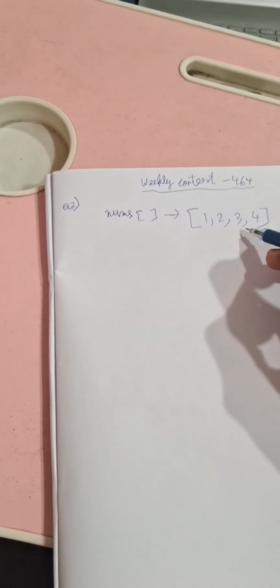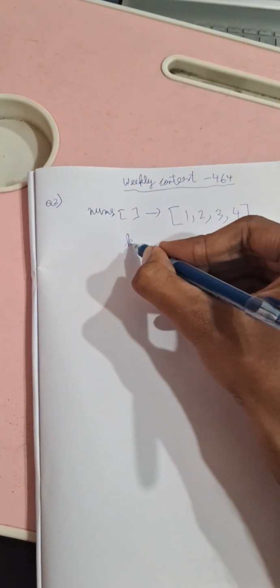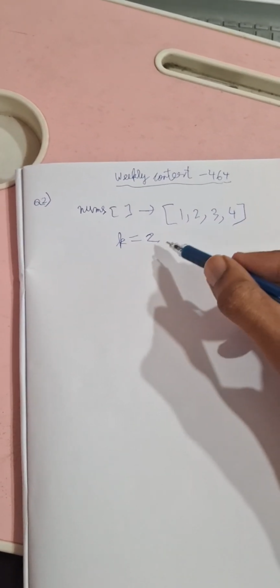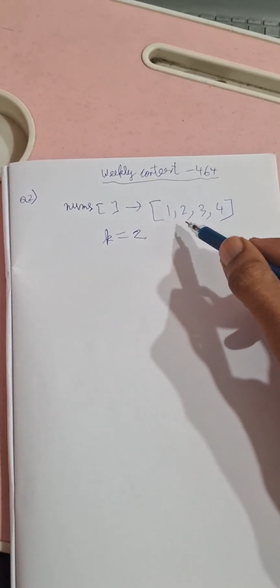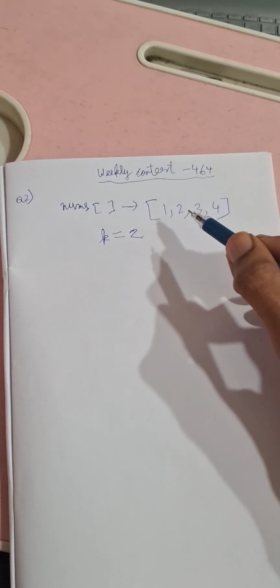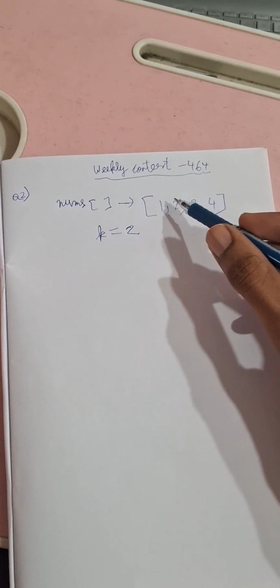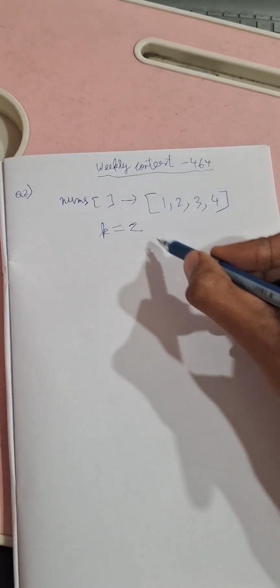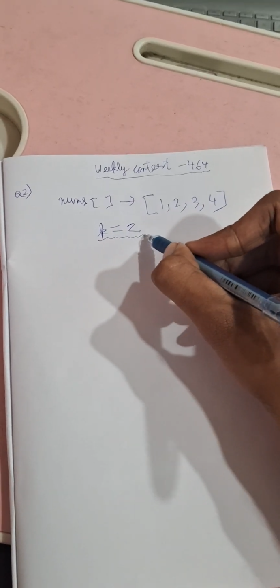The size is 4, and they will give you a k value. Let us assume that the k value is 2. Your aim is to group the elements inside this array such that the formed groups will contain exactly k distinct elements.